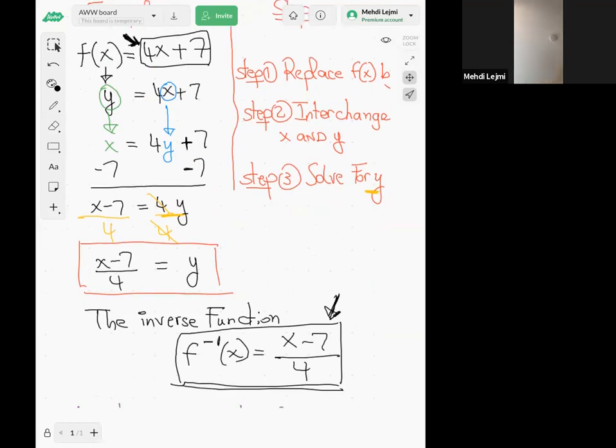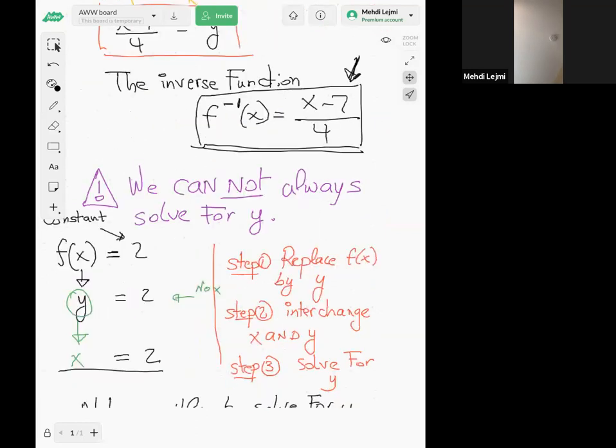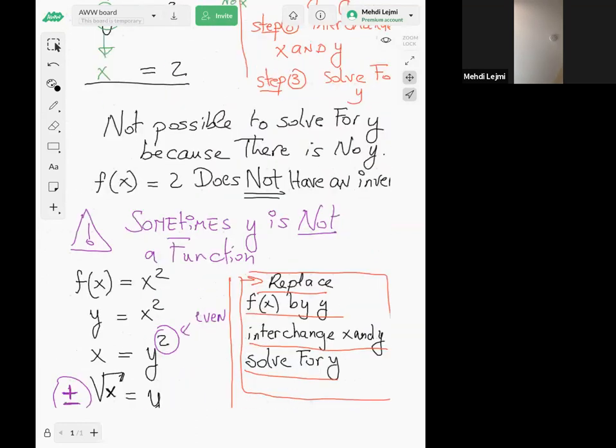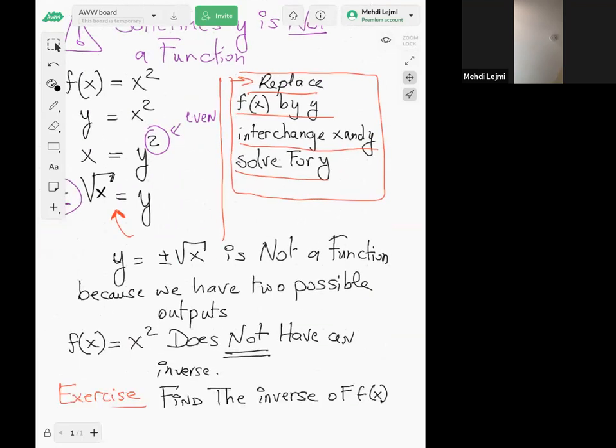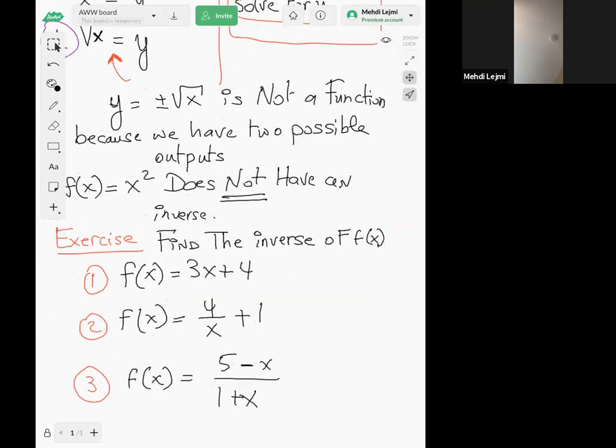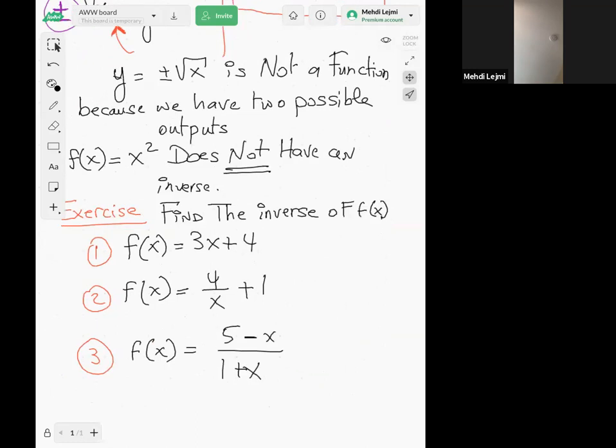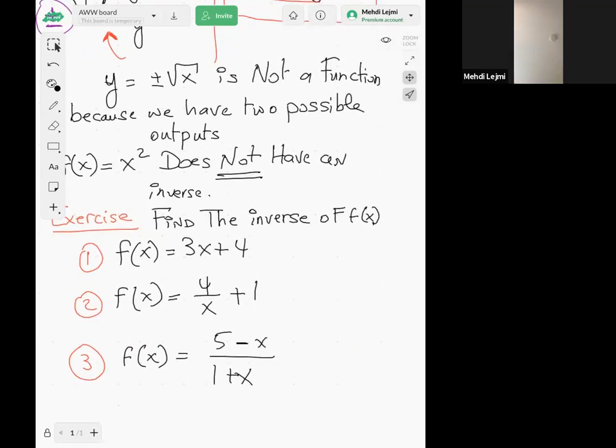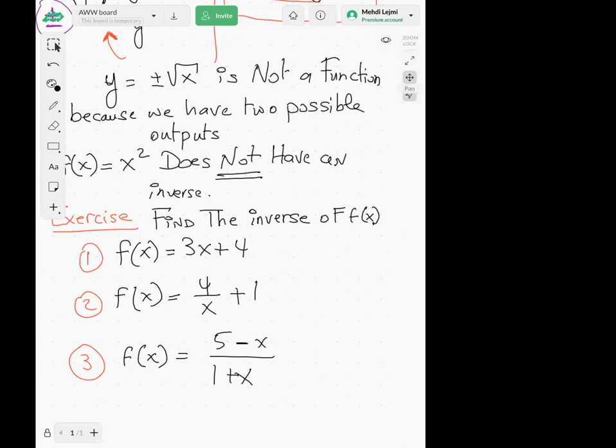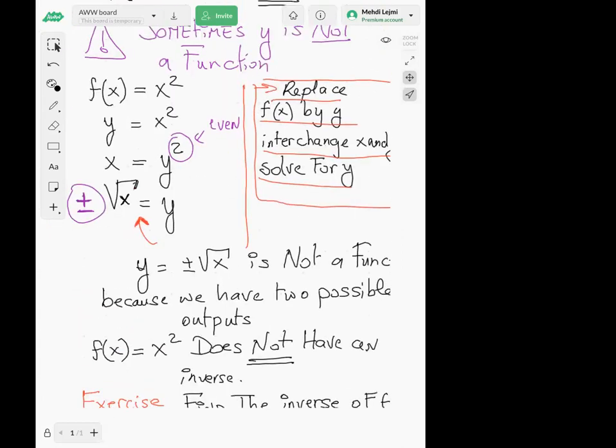Okay, so probably I should move the board down here. Here's again the exercise. Example 2. So this was example 3.